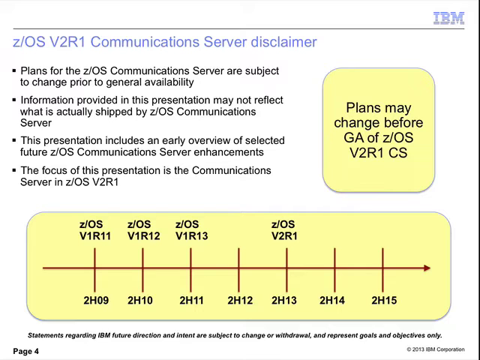The disclaimer says plans may change before GA. We have to say that at this time, though that is, of course, pretty unlikely. We are well into system test, well into beta test, but there could be a few tweaks here and there. So just remember, you're seeing material here that's before the announcement and certainly before GA, so some small changes could occur.